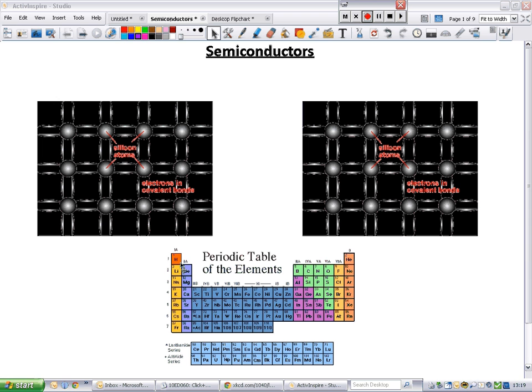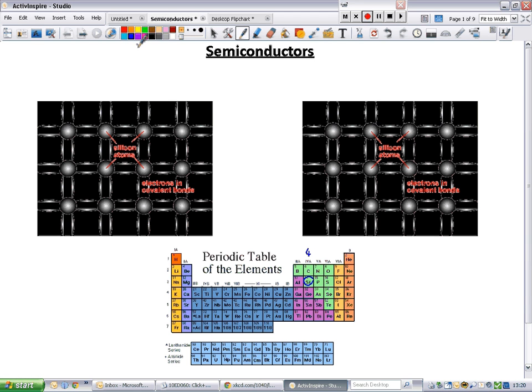So silicon is really the basis for all semiconductors, and you've got silicon over here in group 4. So group 4 means that it's got 4 outer electrons that can bond to other types of atoms.